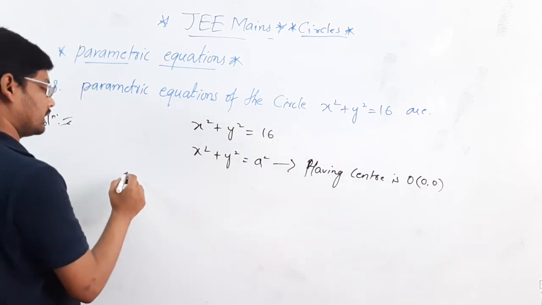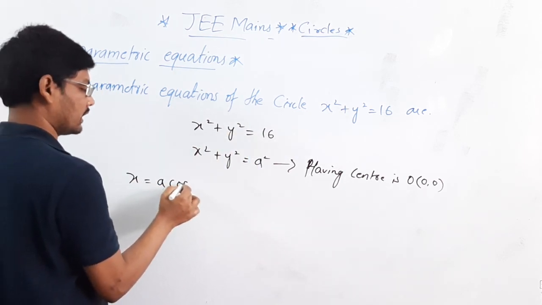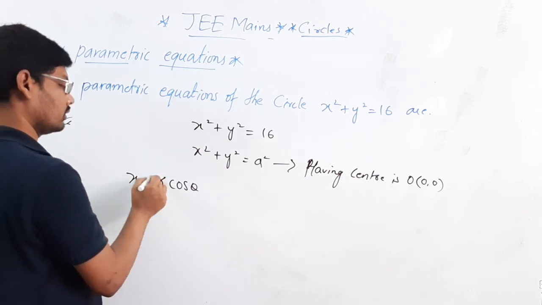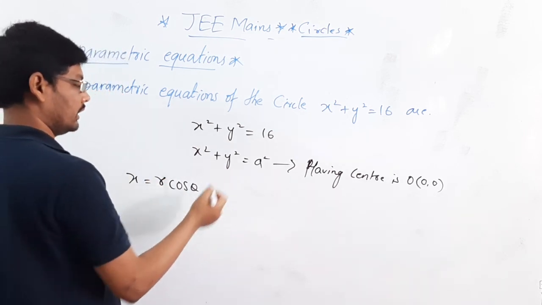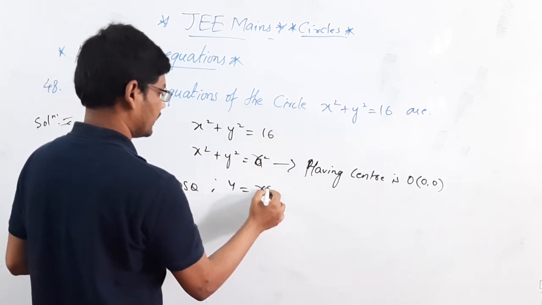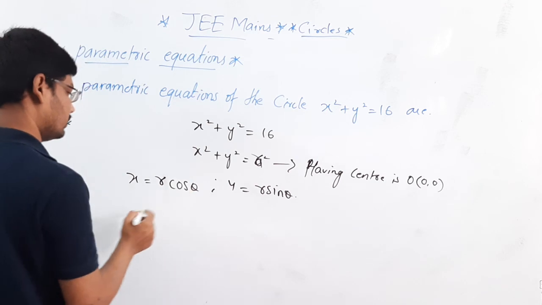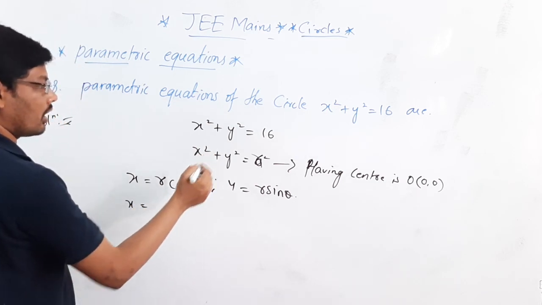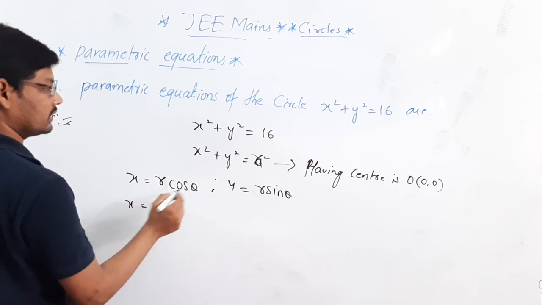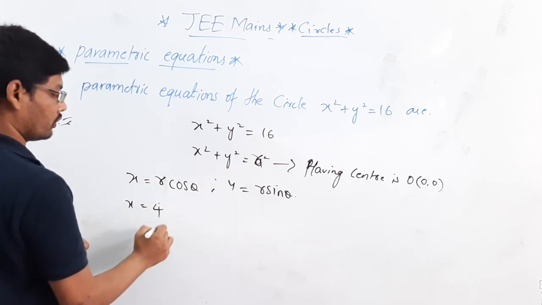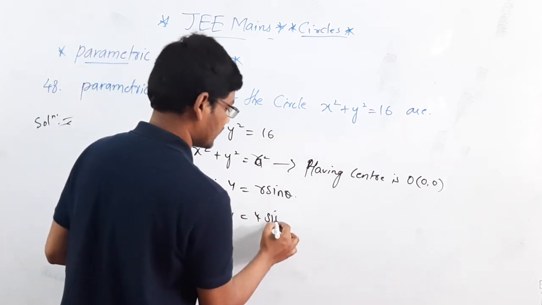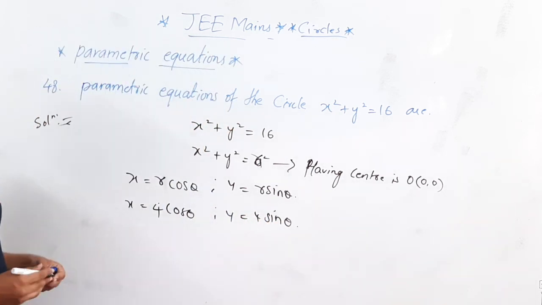From this, x is equal to a cos theta. Sorry, r cos theta, here a is nothing but r only, and y is equal to r sin theta. Just substitute r is 4: x is equal to 4 cos theta and y is equal to 4 sin theta. This is the solution for this one.